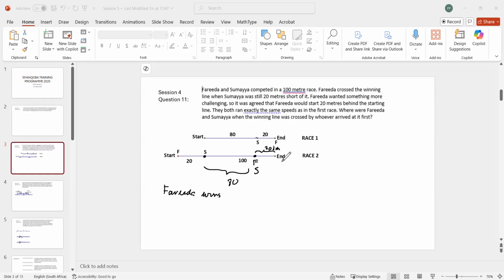Okay, so when the winning line was crossed, Farida is here. So let's have a look at this last 20 meters. Let's change the scale here a little bit. So you got 20 meters. So Farida won, so she is here. And Sumaya, so the question is, where is Sumaya?